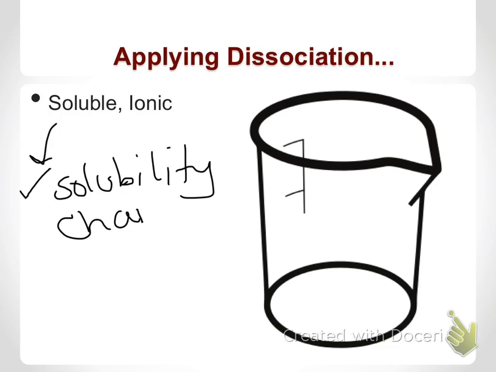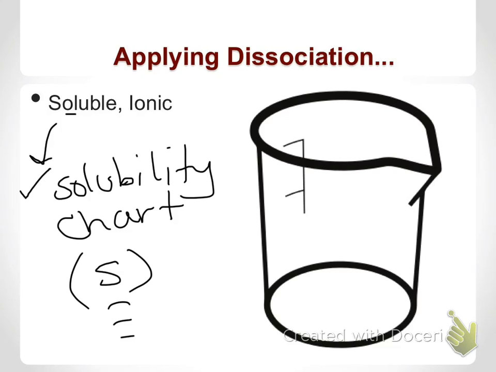But remember, on the solubility chart, something that's going to be soluble in water is going to have that designation of S. So you kind of play battleship on that chart. For example, if it's copper 2 sulfate, you find your cupric or your copper 2, and you find your sulfate, you bring them together, and you should see an S. That means that it's soluble in water.